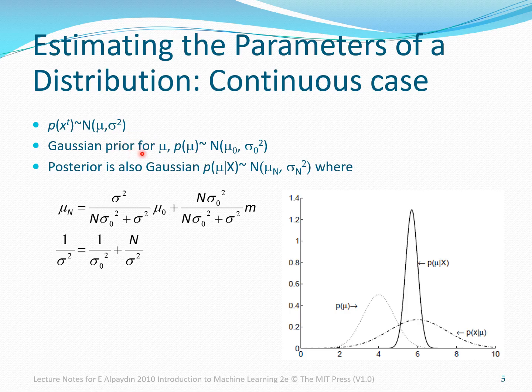The Gaussian prior for mu: p of mu tends to N of mu_0, sigma_0 squared. Posterior is also Gaussian.